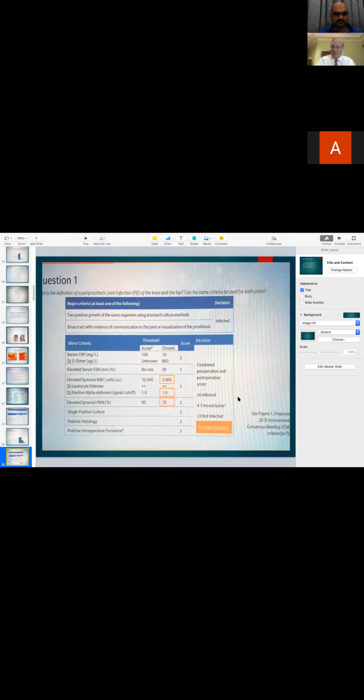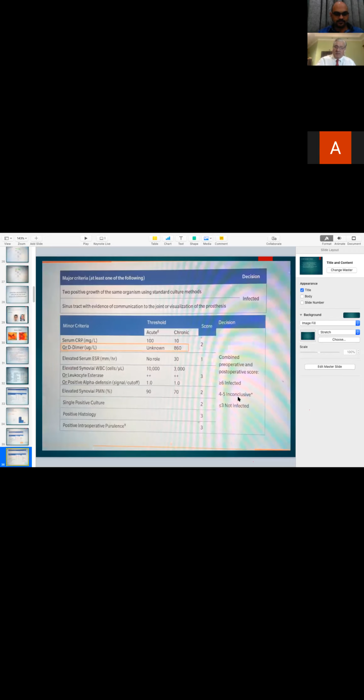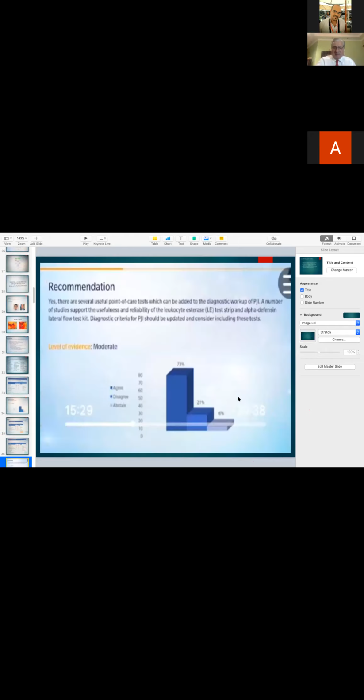These new investigations are given a score and change the philosophy. When there is a change in these parameters, this means infection, and each carries about 3 points. D-dimer is 2. D-dimer is still being worked on because it's new in the field, but the literature shows that when there is infection, D-dimer is active.